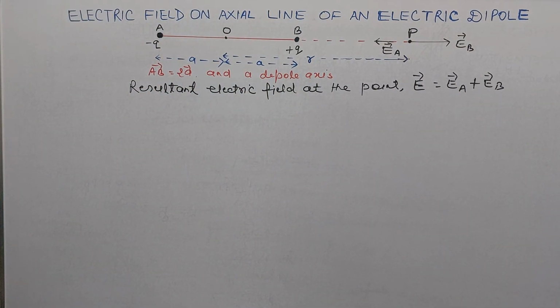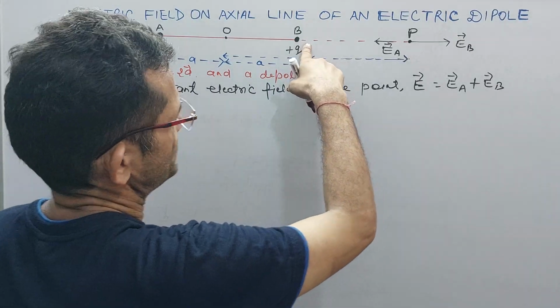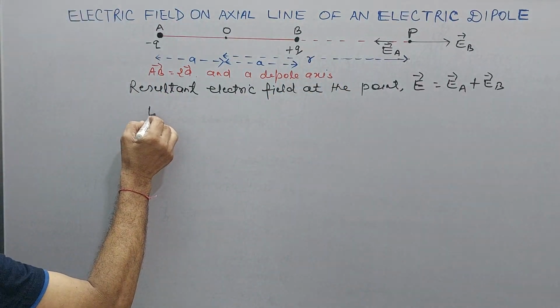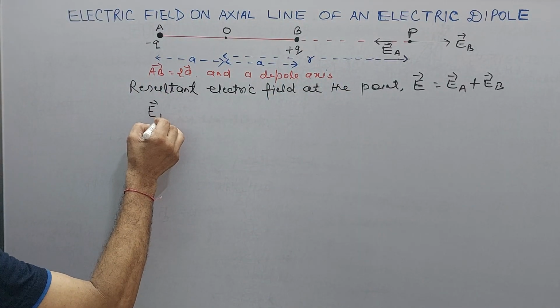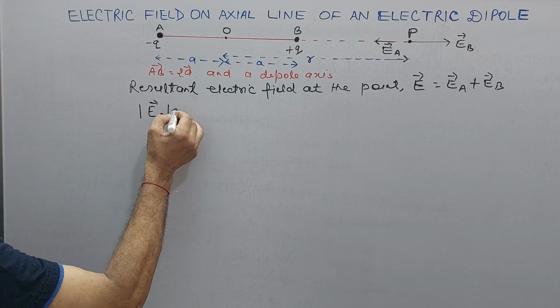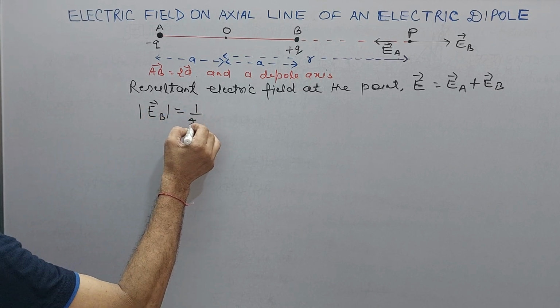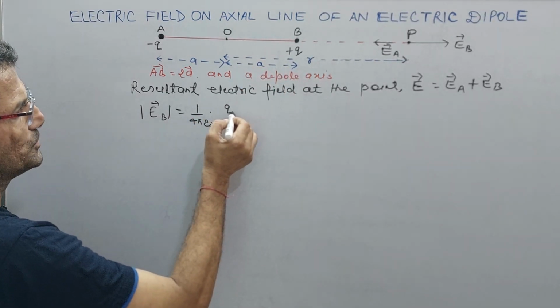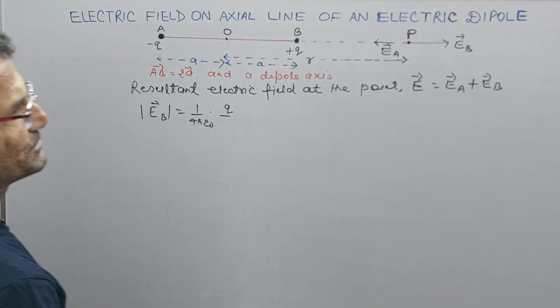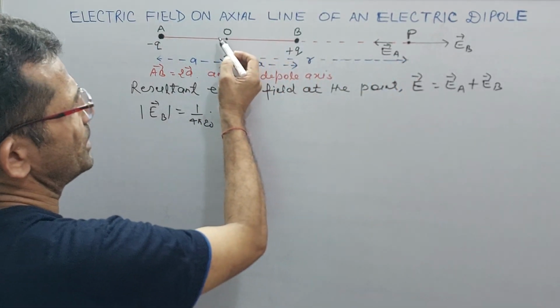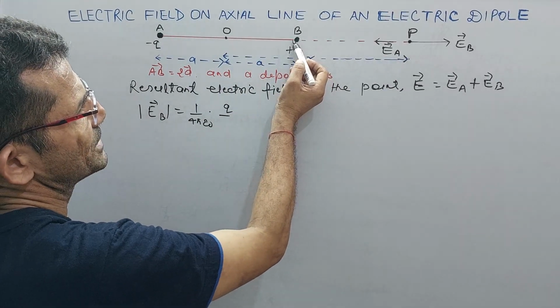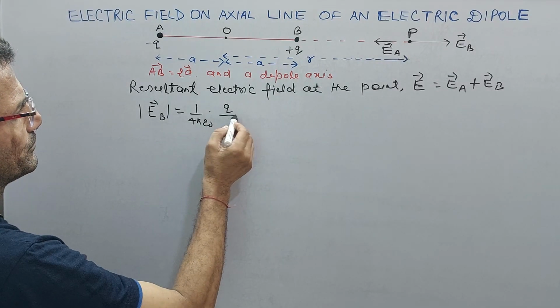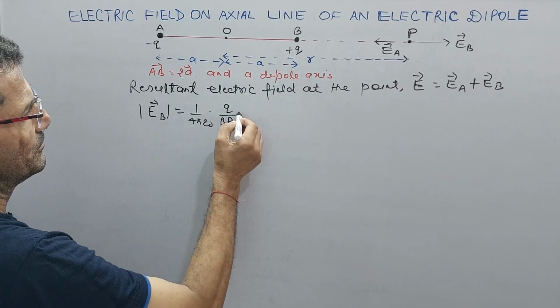Now the field due to the charge placed at the point B is vector EB. We need only the magnitude. So 1 upon 4 pi epsilon naught, the charge at the point B, which is Q, and the distance will be from OP, not OP, this is BP.